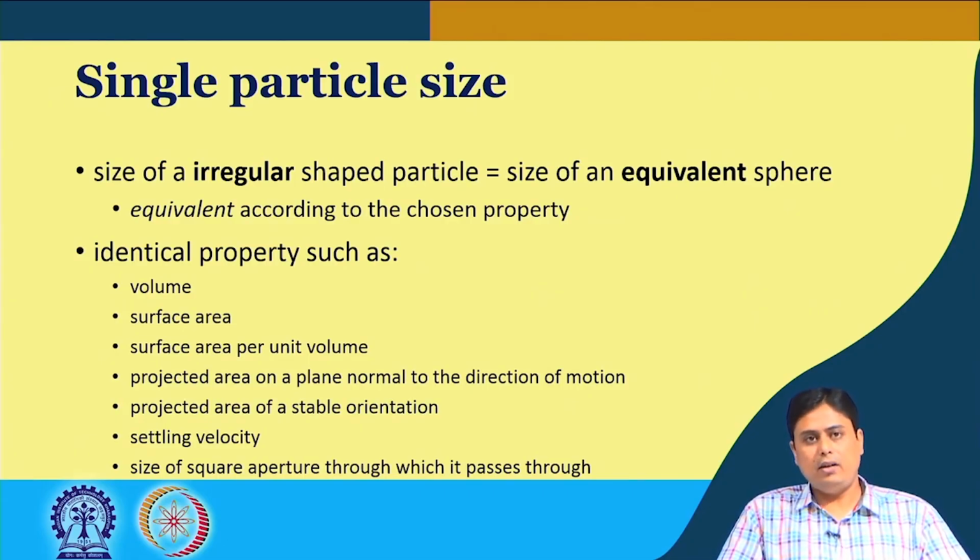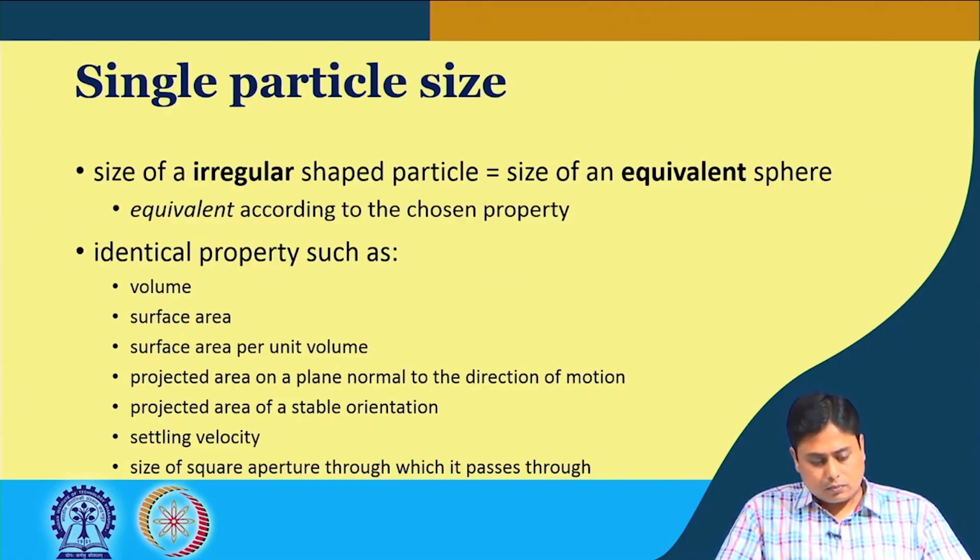So, in that stable orientation, what is the projected area that you get from a microscopic image? You equate that area with the equivalent surface area of a sphere and find out the radius or the diameter of the sphere. You get a characteristic dimension of the irregular shaped particle, or the size of the particle.